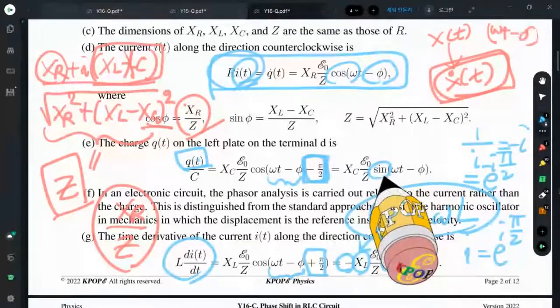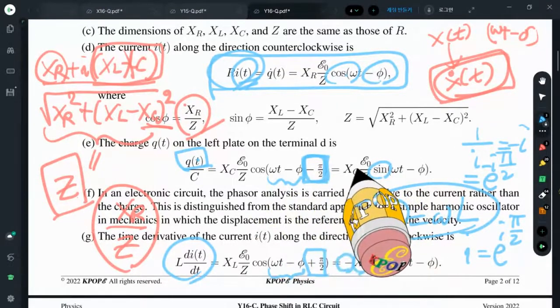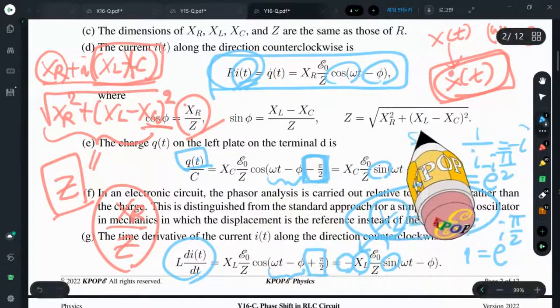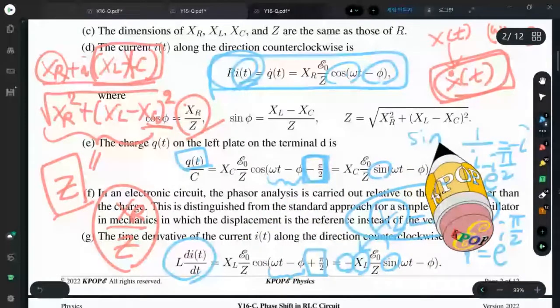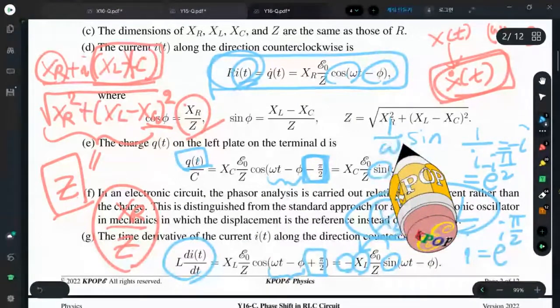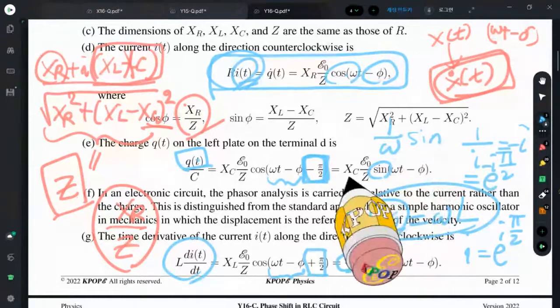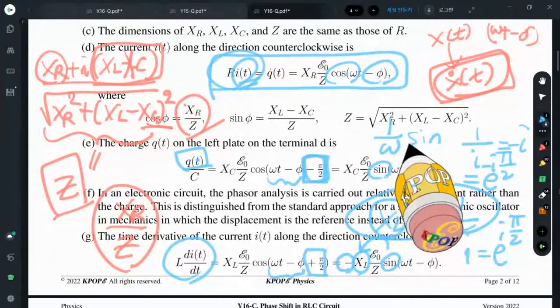Here, if you integrate over time, cosine becomes a sine, but you have an additional factor of 1 over omega in the denominator, and that has been combined with this one. What's that?